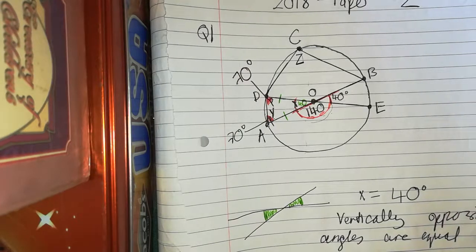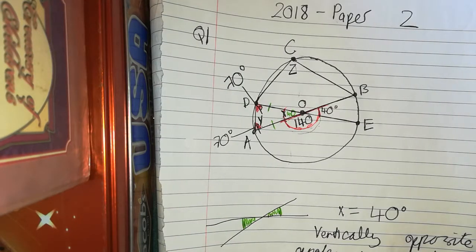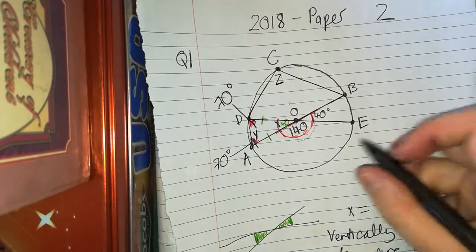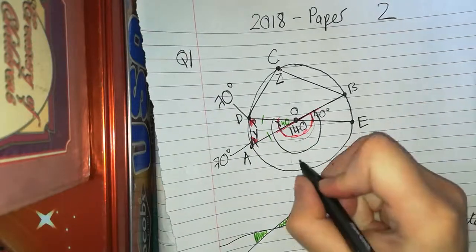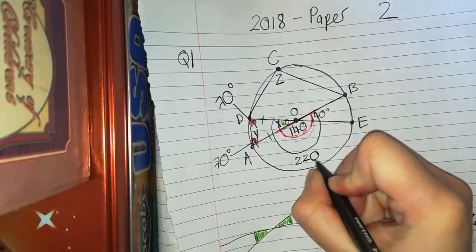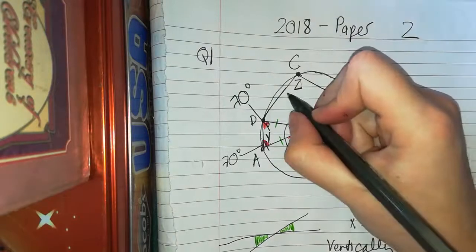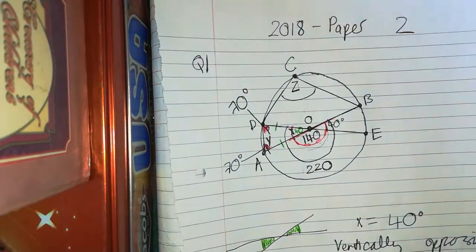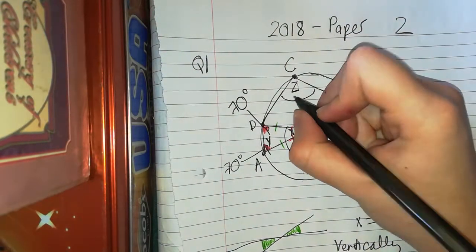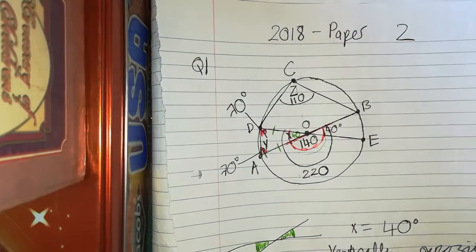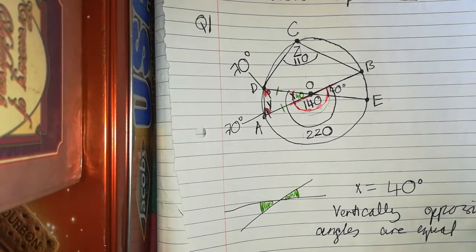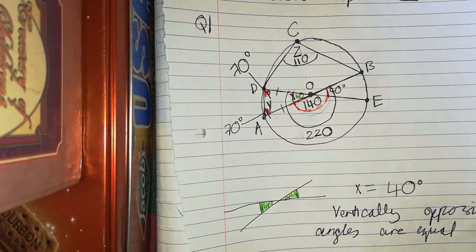It's going to be a reflex angle, so 140 plus 40 plus 40, so that's going to give me 220. So this angle here altogether is going to be 220. Then if I want to get what Z is, it's going to be half that. So 220 divided by 2, which will give me 110. So my angle Z is going to be equal to 110 degrees, and that is the last for that question. Thank you.